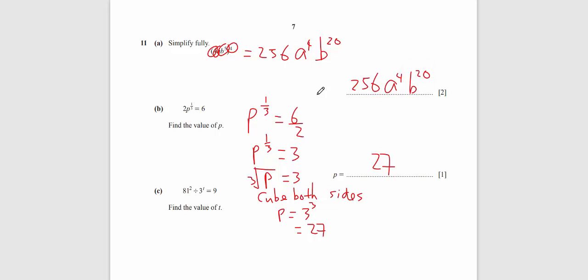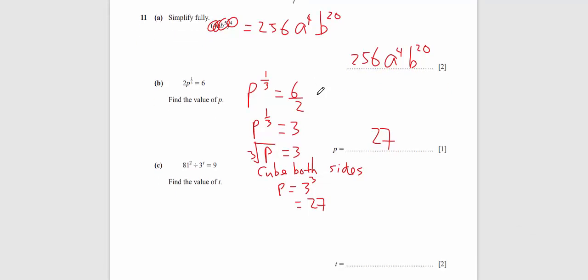And then for part c, we have 81 squared divided by 3^t equal to 9. If you want to find the value of t, you need to make all the bases the same. In this case, you can see the common base will be 3.